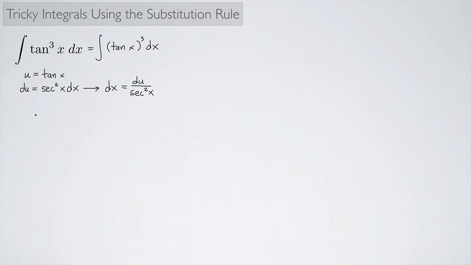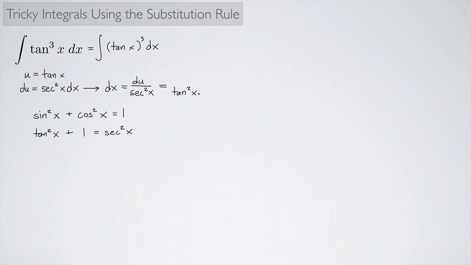Well, remember from the Pythagorean identity, sine squared of x plus cosine squared of x equals 1. If I divide everything here by cosine squared, then sine squared over cosine squared is tangent squared, cosine squared over cosine squared is 1, and 1 over cosine squared is secant squared. So I see that this is really tangent squared plus 1 on the bottom.